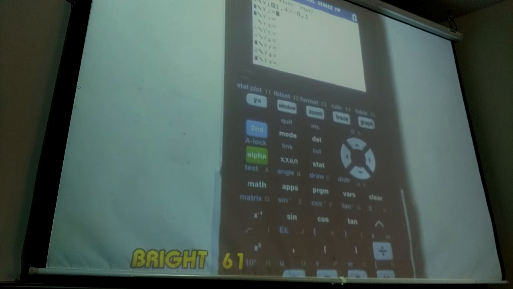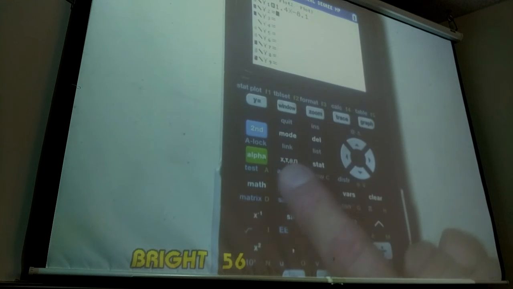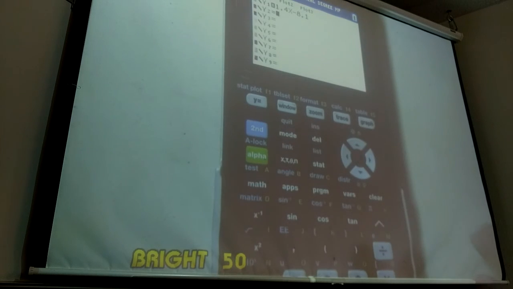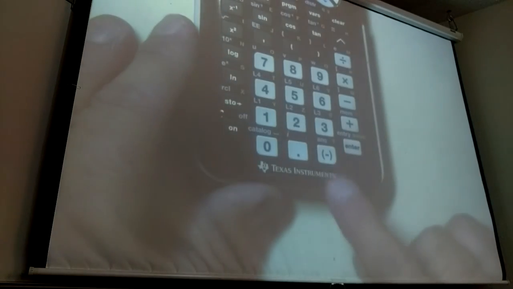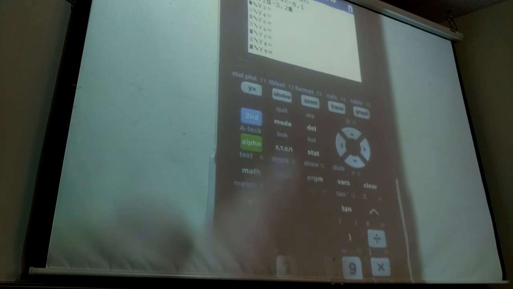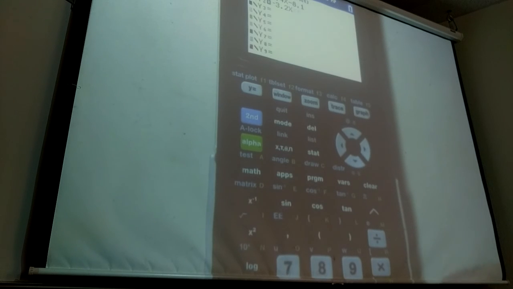How you put the X in here? The little X button right there, right next to the alpha button. And then y2, I'm going to make negative, remember there's your negative button, negative 3.2x plus 11.